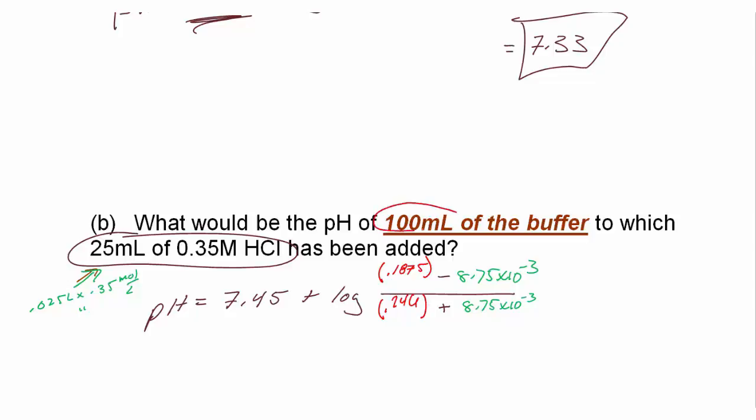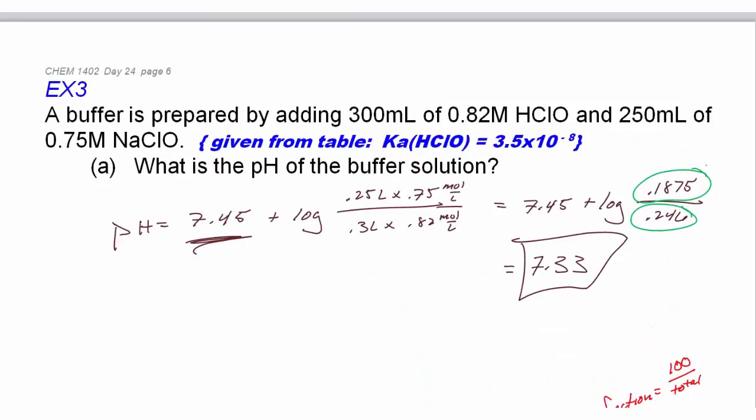I'm using 100 mils. 100 mils divided by the total. What's the total volume of my buffer that I made? Well, it had 300 mils and 250 mils. That's 550 mils.